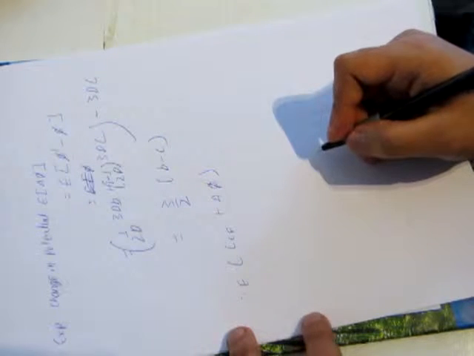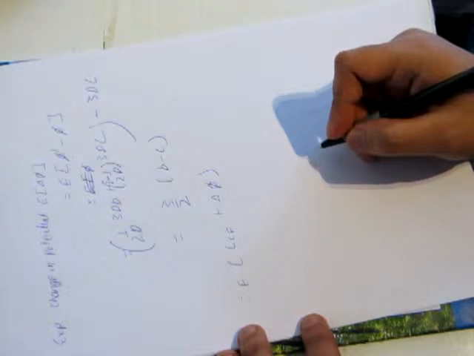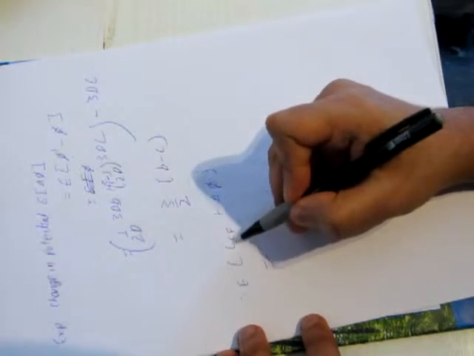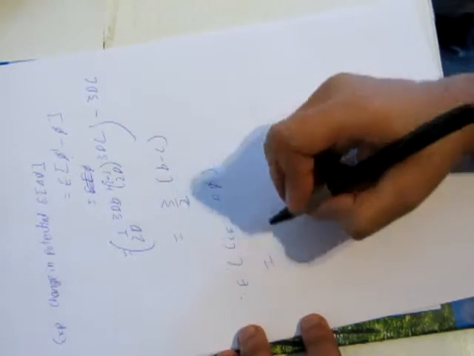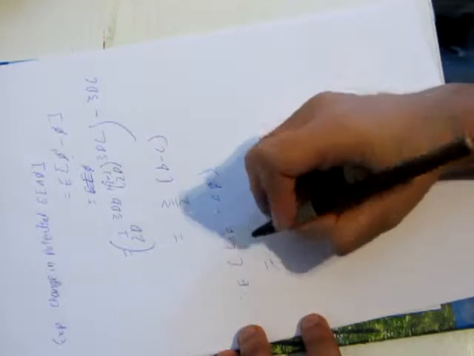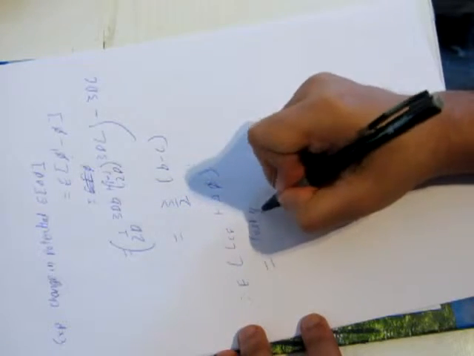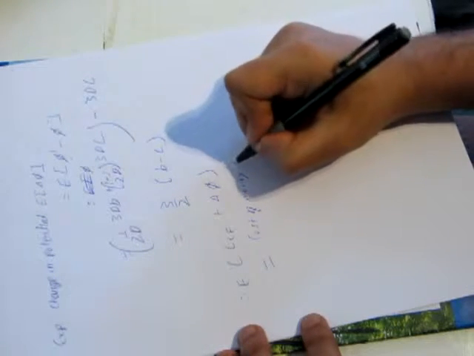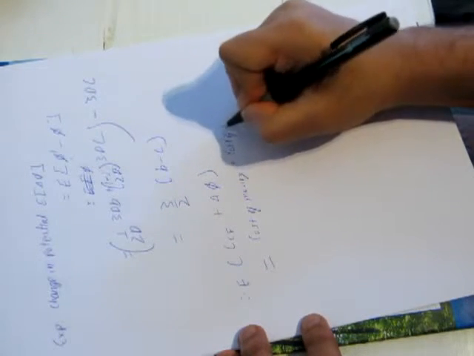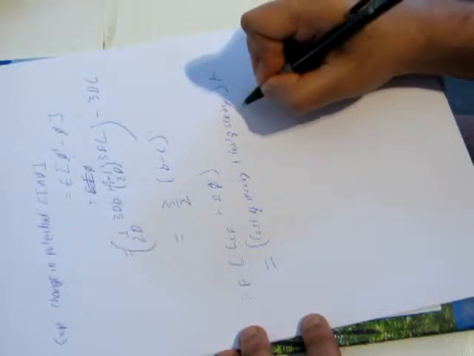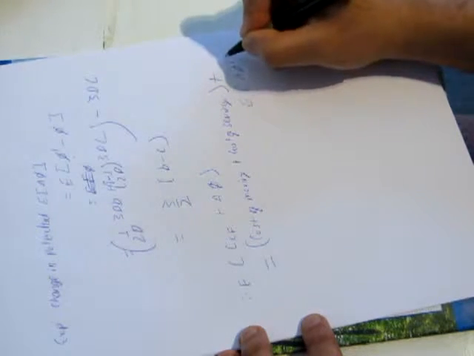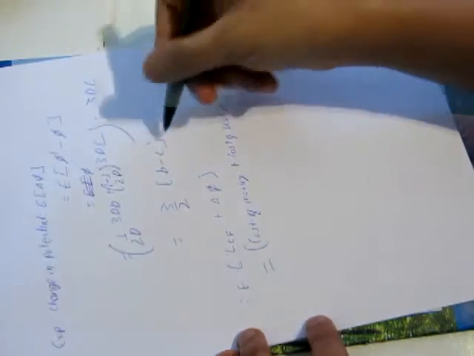So we just plug in, and what we get is the expected value for this: the cost of moving plus the cost of serving plus the expected change in potential, which we just got.